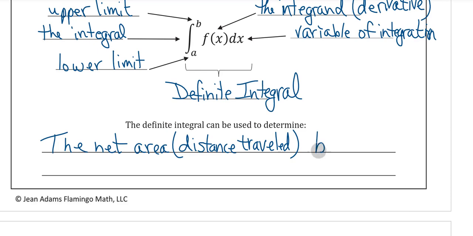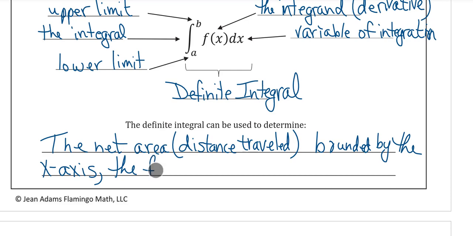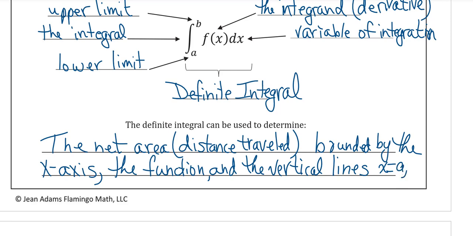And this area is bounded by the x-axis, the function, and two vertical lines, which come from our limits of integration. So we have x equals a and x equals b.